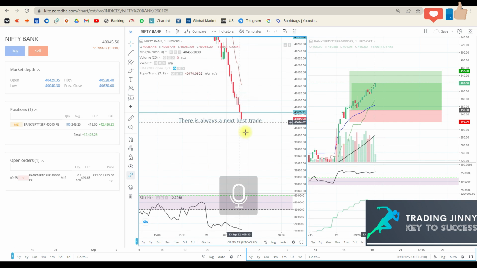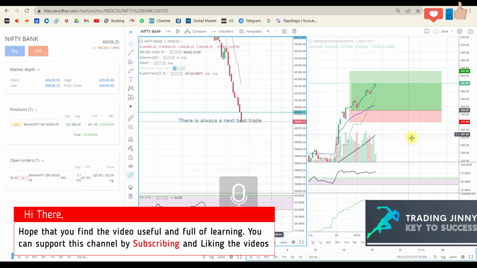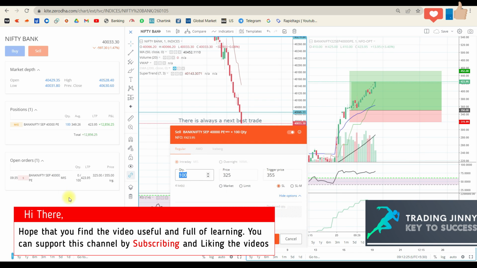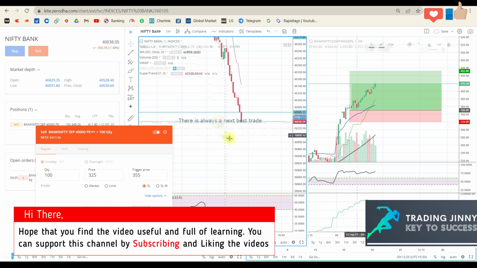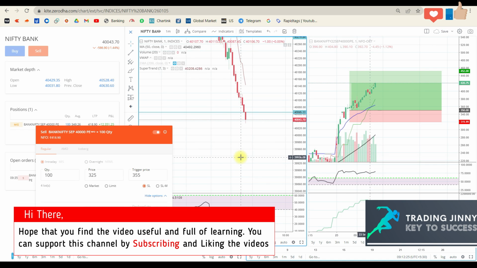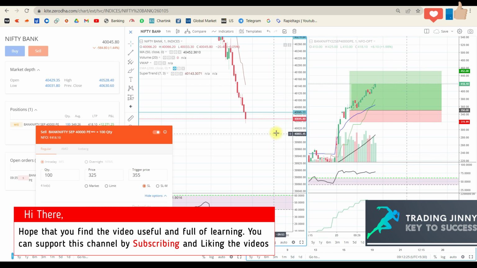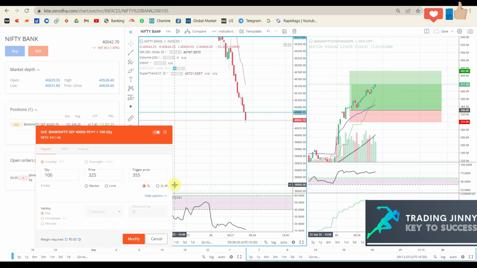Okay, so I've taken 100 out. I have 100 quantity left. I am standing at a profit of 12,000 as of now. Okay, now this is getting heavy. So probably 40,000 can be one of the good supports.